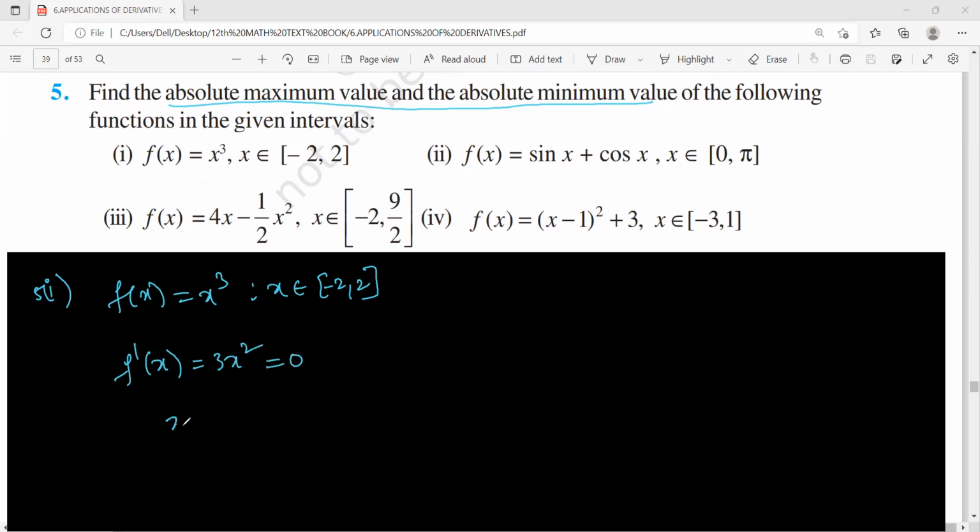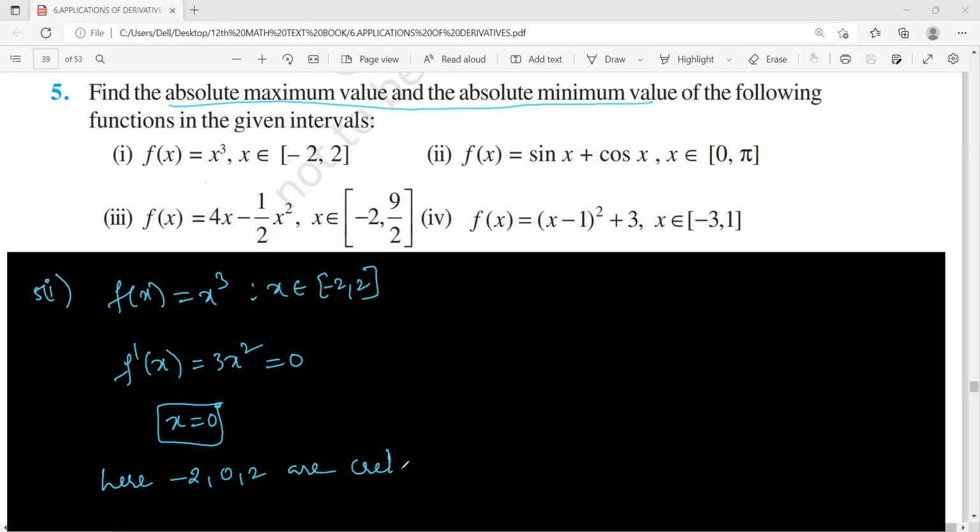If you equate to 0, you get x equal to 0. That is one point, and minus 2 and 2 are the other points. These are called critical points. Learn this: end points are always critical points, so minus 2, 0, 2 are critical points.